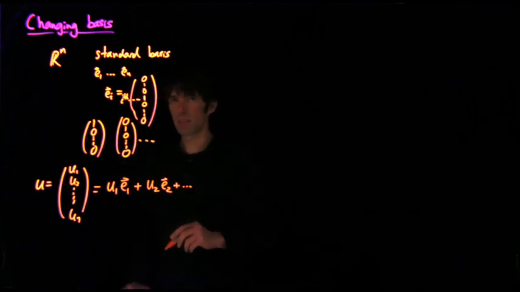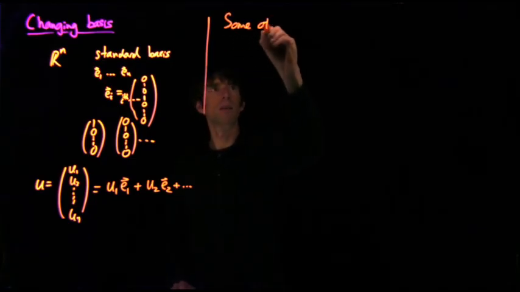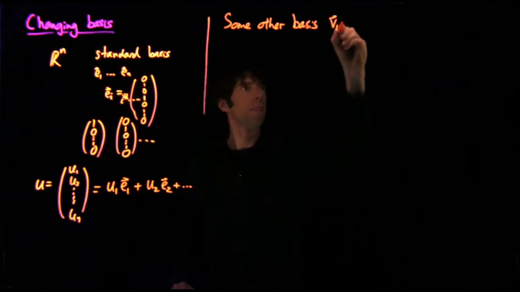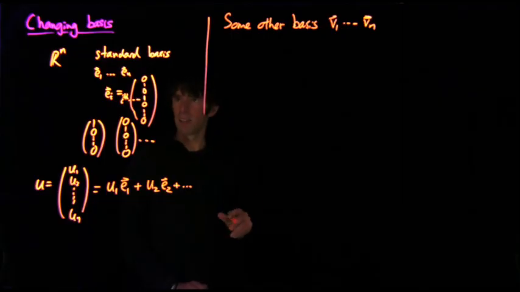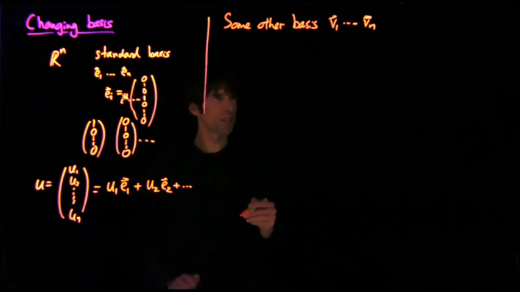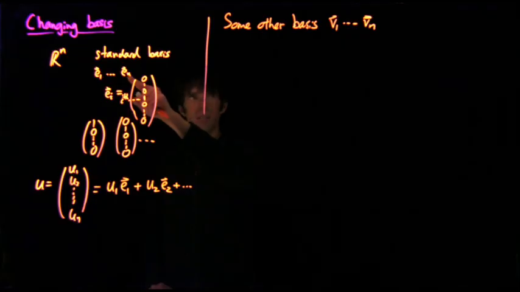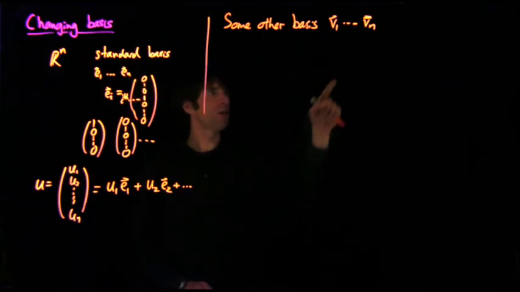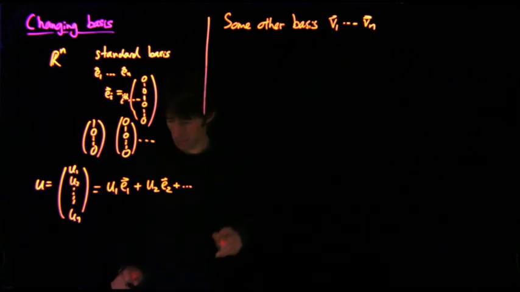Okay, so we've got that basis, and let's suppose that we have some other basis. Let's call it v1 up to vn. Now, an important fact in linear algebra called the invariance of dimension is that if you have one basis that has n vectors in it, then any other basis has to have the same number of vectors in it. So don't look for more or fewer vectors in some other basis. It's got to be exactly n.